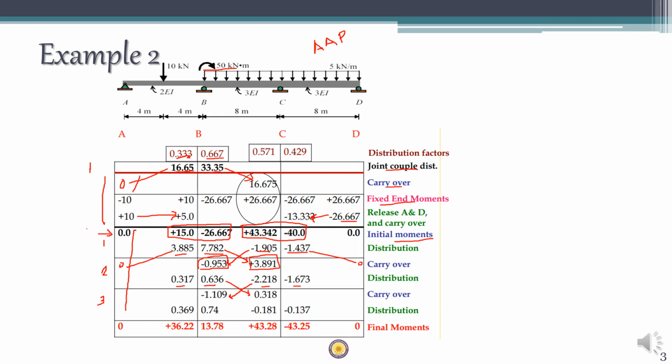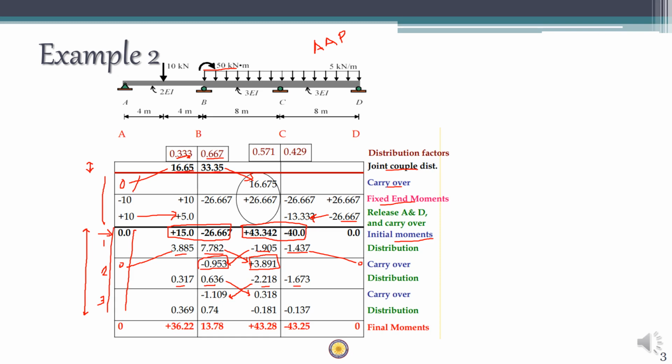So you have to sum from here to here, along with your first sum. The first column where we had the joint couple distribution plus these three iterations, you will get the final moments.